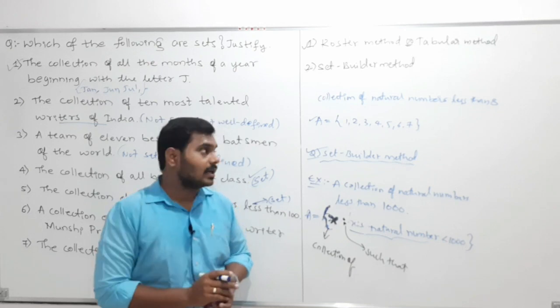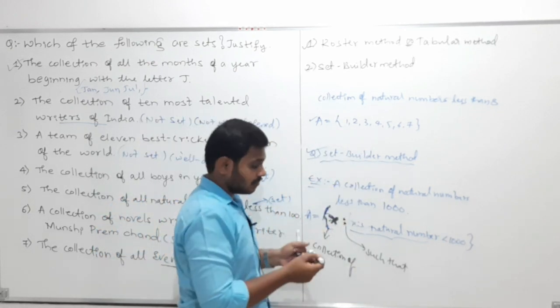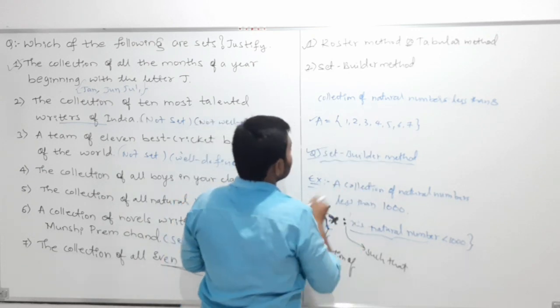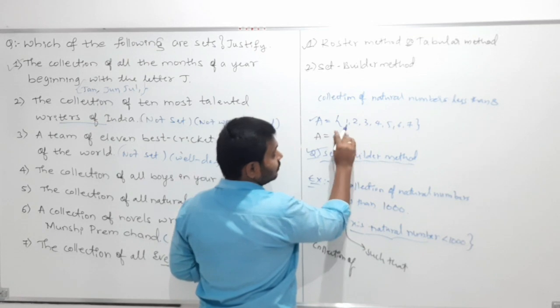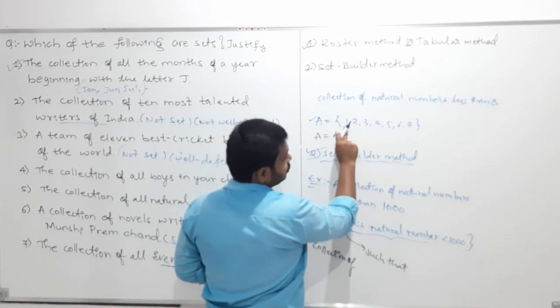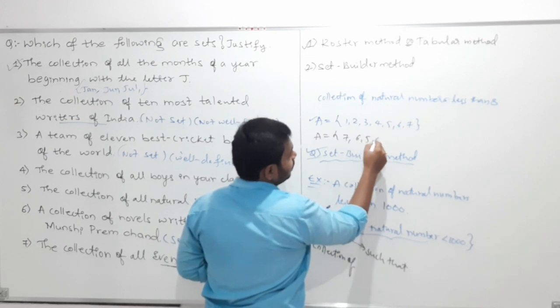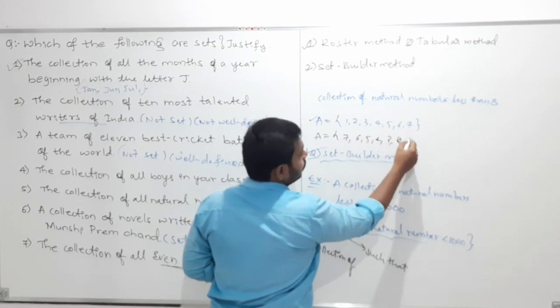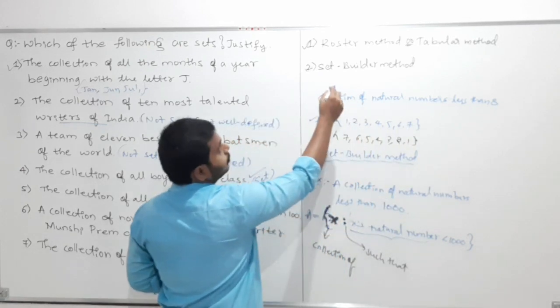And please remember, my dear students, in the roster form, order is not important. Either you can write it like this or you can write it differently; order is not important. It's not necessary that you always write 1, 2, 3, 4, 5 like this only. You can write 7, 6, 5, 4, 3, 2, 1 also. It means order is not important in the roster method.